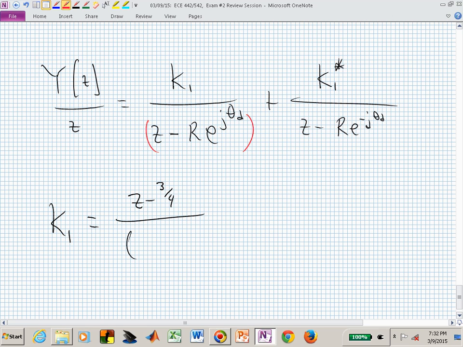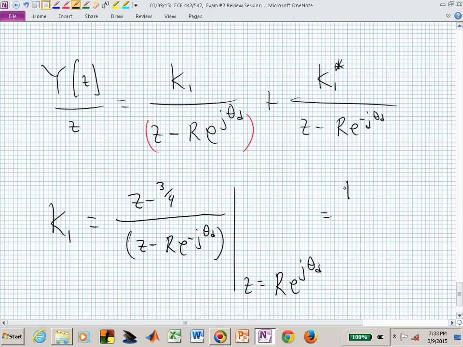In the y of z over z expression, we've canceled the pole in the first quadrant, and we're only left with the pole in the fourth quadrant, which is this z minus r e to the minus j theta sub d factor. We evaluate that at the value of z that causes that red factor to vanish, which is when z is equal to r e to the j theta sub d.